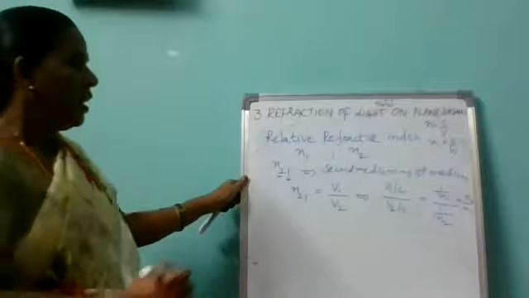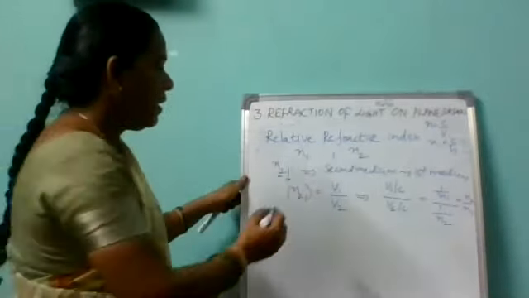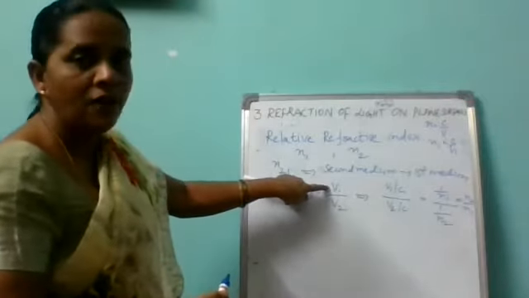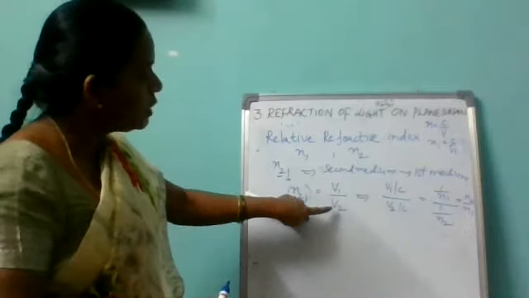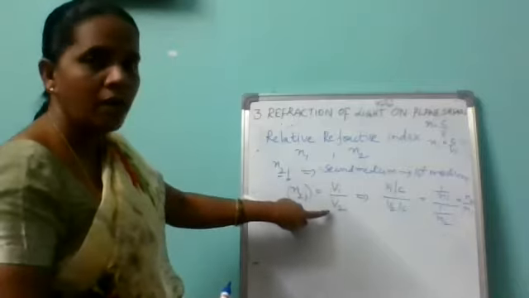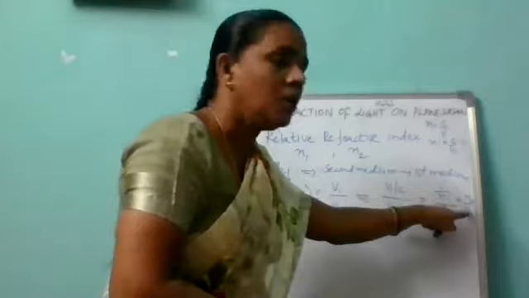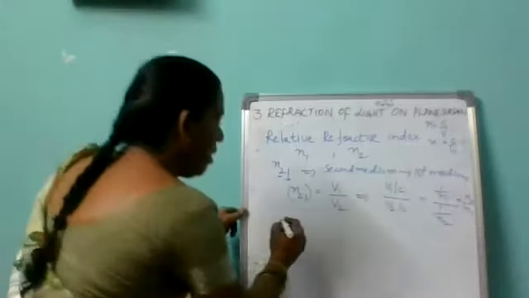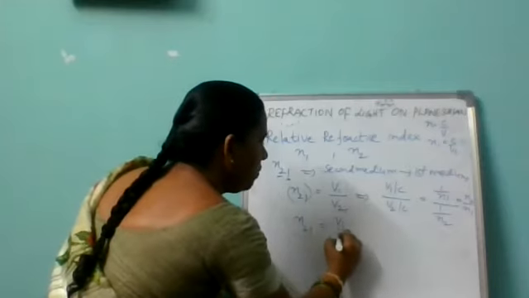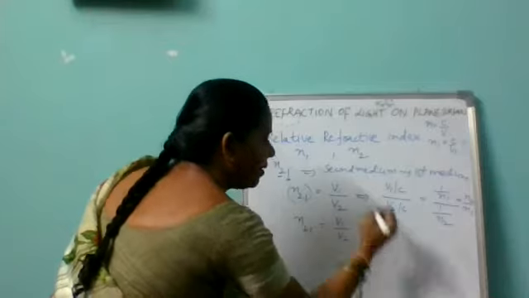Follow how the relative refractive index will be explained like this. Here the ratio of speed of light in first media to the speed of light in the second media is equal to V1 by V2. Again, same thing, which is equal to N2 by N1. So I can write N21 is equal to V1 by V2, which is equal to N2 by N1.